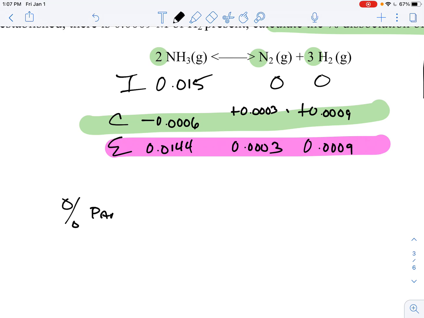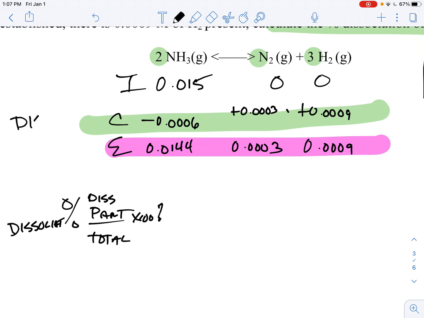Well, remember, the percent is just a part over a total. So percent is always the part over the total times 100%, right? So if I want the percent dissociation, then that's going to be the dissociated part all over the total.